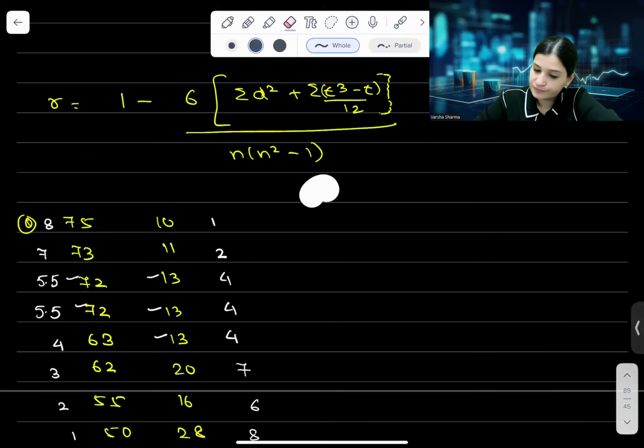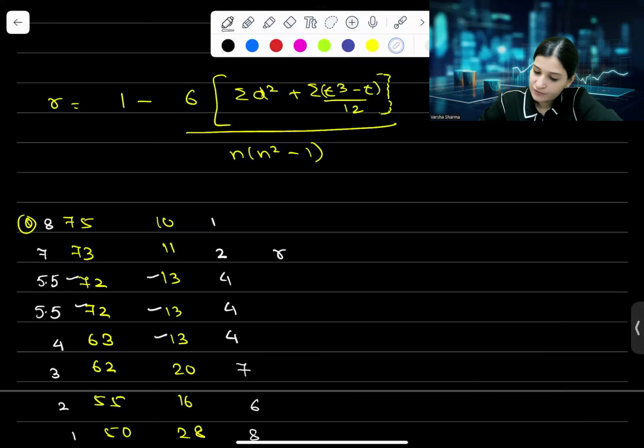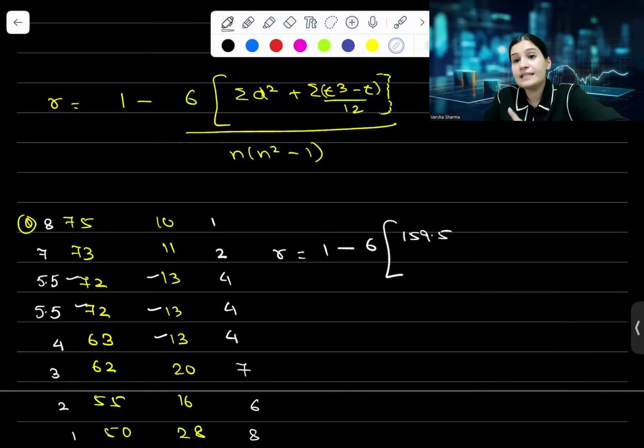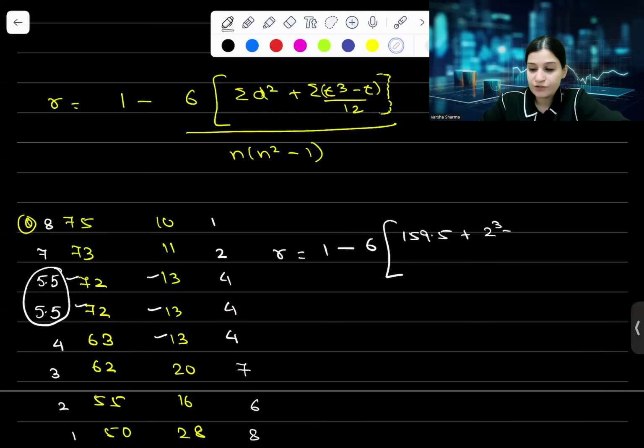Let's apply it here. R = 1 minus 6 times summation d square, which is 159.5. Right? Now, T is the number of people that are getting tied. Here, two numbers got tied, so first take T to be 2: 2 cube minus 2.